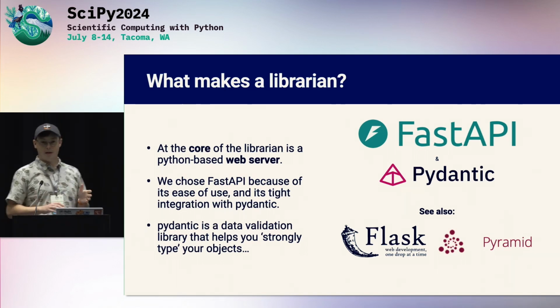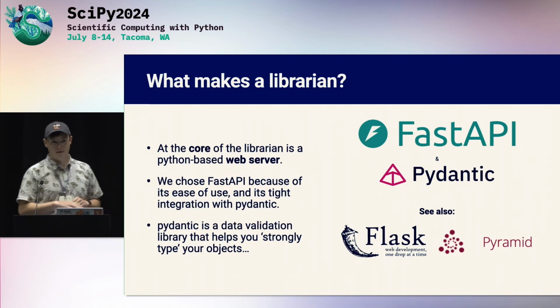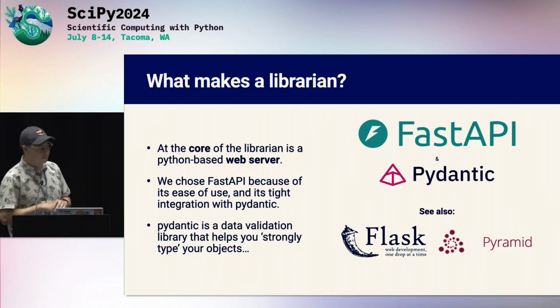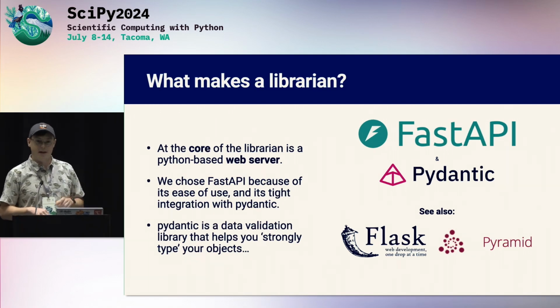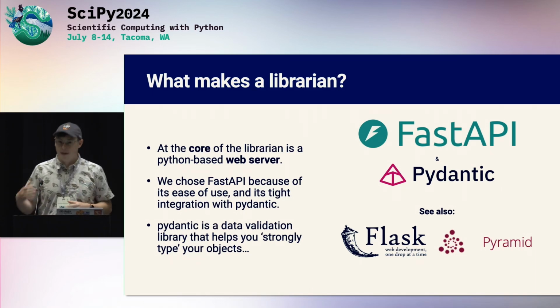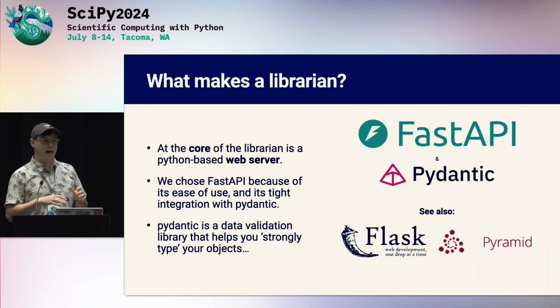At the core of the Librarian is a Python-based web server. We built this on FastAPI and Pydantic. We chose FastAPI because of its tight integration with Pydantic. Pydantic is a data validation library that effectively allows you to strongly type your Python objects.